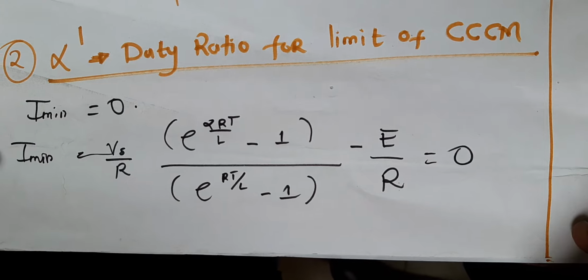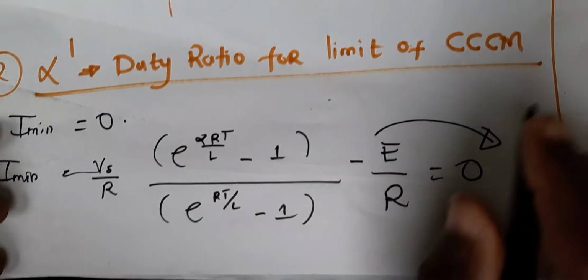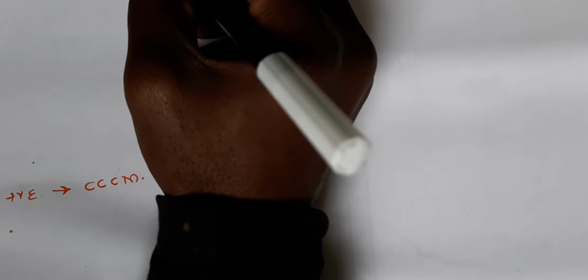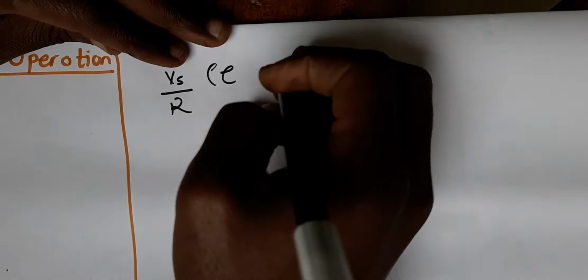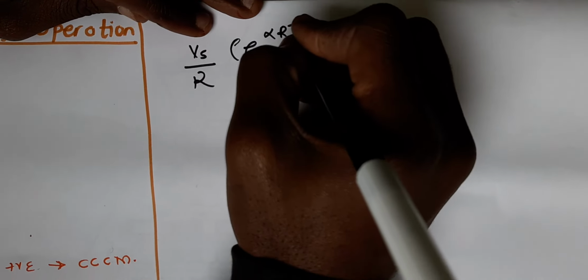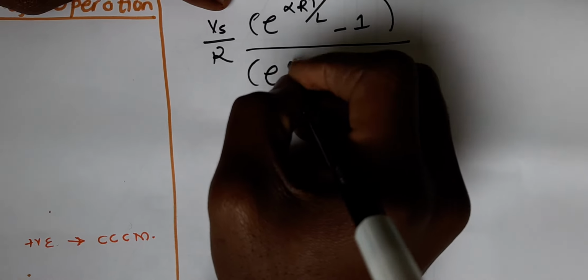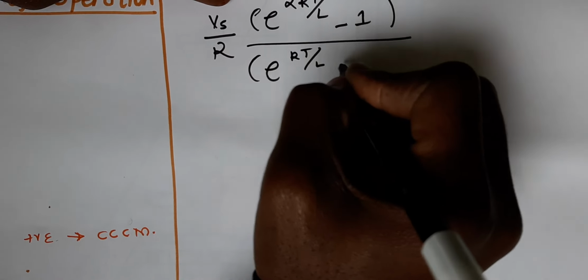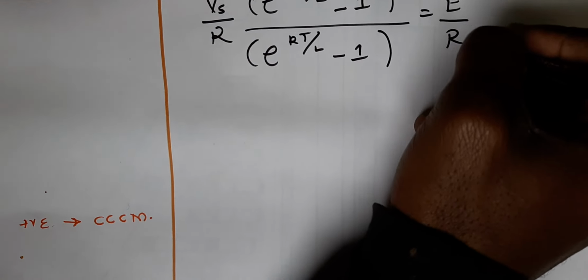If you equate this equation to 0 and take this onto this side, what you're going to remain with is Vs over R into exponential alpha RT over L minus 1 over exponential RT over L minus 1 is equal to E over R.